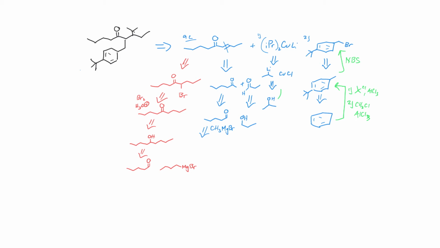To get to the lithium, we'd want to turn this into the bromine with PBr3. Then we would want to use 2 lithiums. Remember, we need 2 lithiums because they each have 1 electron to share rather than 1 magnesium, which has 2 electrons to share. Then we could mix these with copper chloride, and that's what we get. 2 isopropyl lithiums plus copper chloride gives us the cuprate.